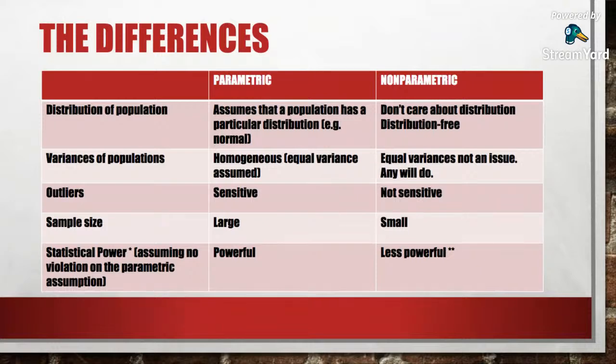So if you notice, 28 is far from the clustering of the first few data points. So we say that that number is an outlier. It's either extremely high or extremely low. If there are outliers in your data set, then opt for non-parametric tests. But if there are none, then you opt for parametric tests.